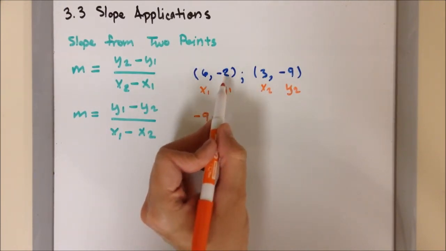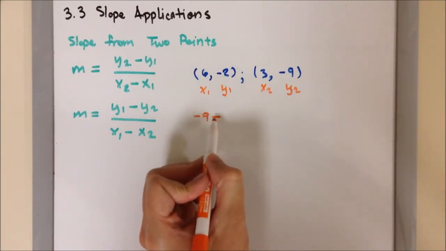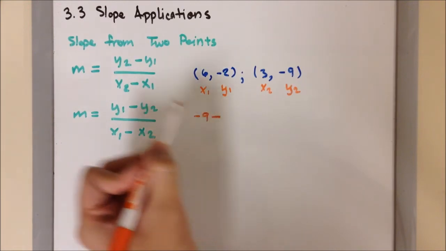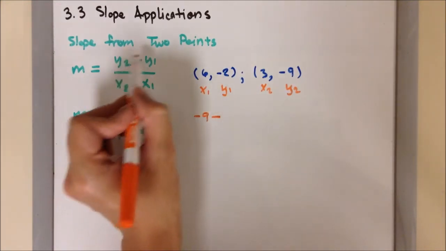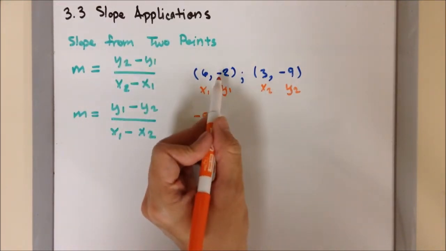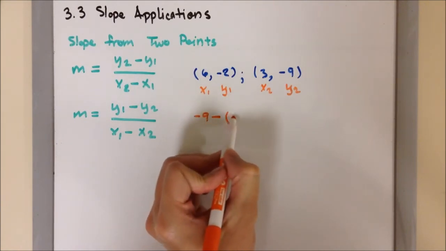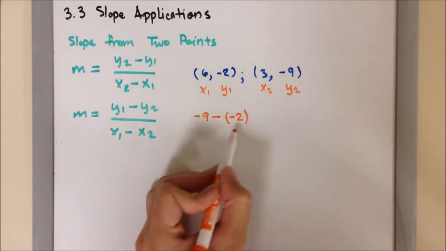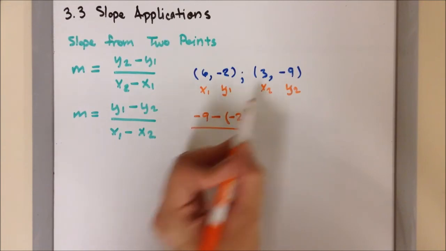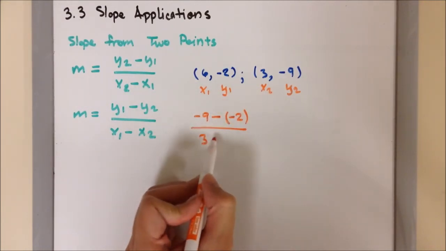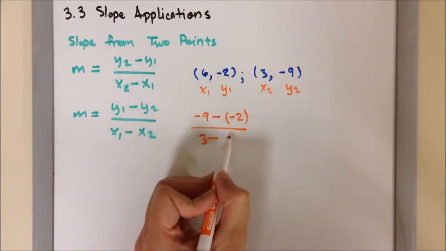Since my y1 is negative, we still have this minus from the formula, and our y1 is -2. I'm going to put parentheses, -2, and then over my x2, which is 3, and then minus from the formula, my x1 is 6.